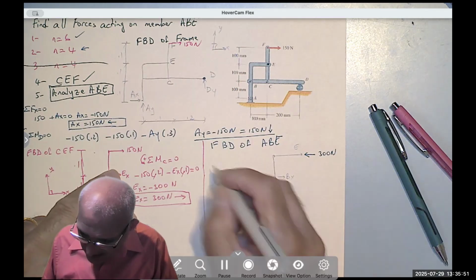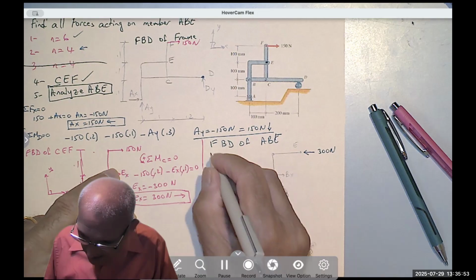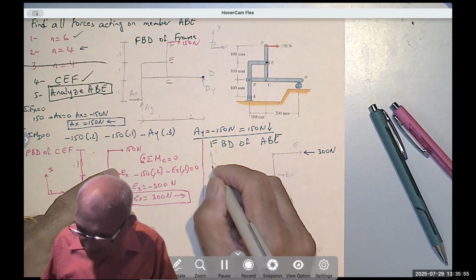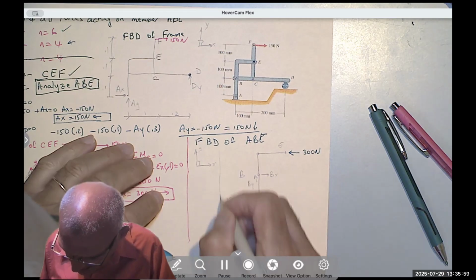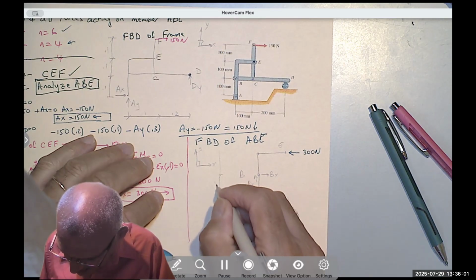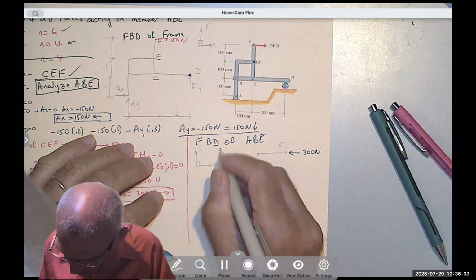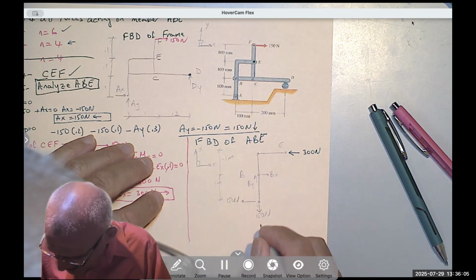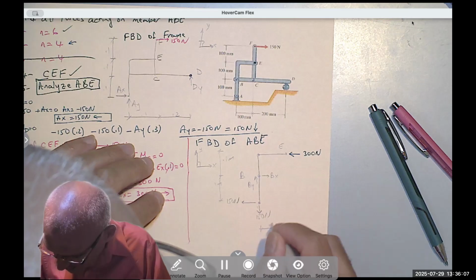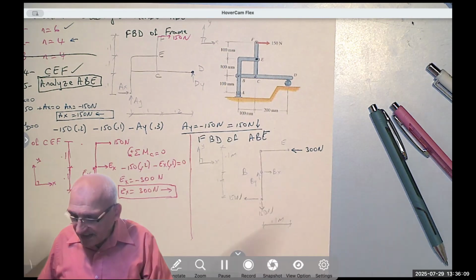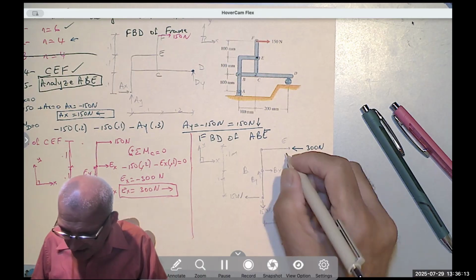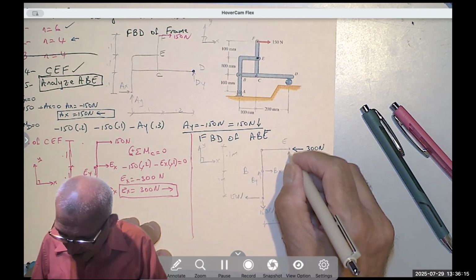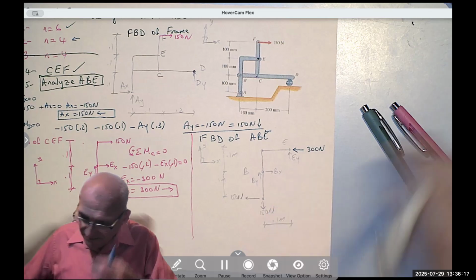Again, here is my X, here is my Y. And I have 0.1 meter, 0.1 meter, and 0.1 meter. Notice I have also an unknown reaction, EY. We never found EY, right? We didn't need to.